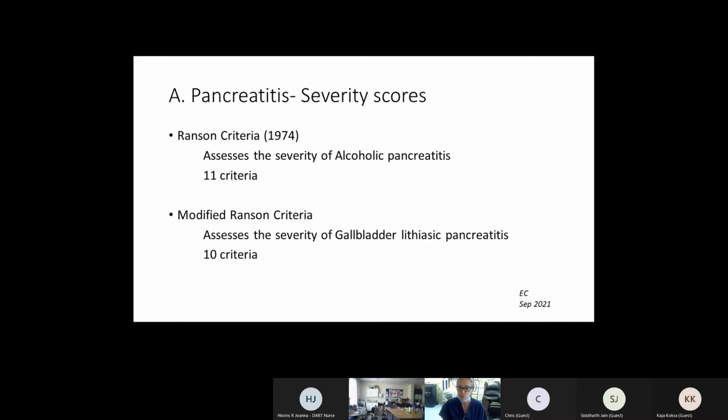Now, about severity scores. I'm not going to speak a lot about these. The most classical ones are the Ransom criteria that are quite old now, and they appear to assess the severity of alcoholic pancreatitis. And they were modified later to assess the severity of gallbladder pancreatitis, lithiasic pancreatitis.